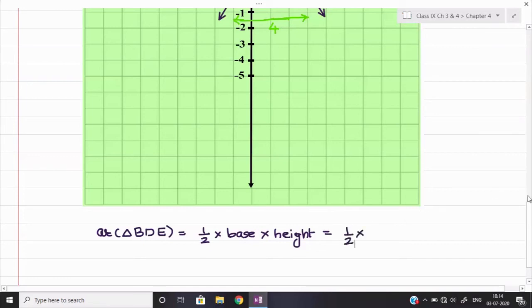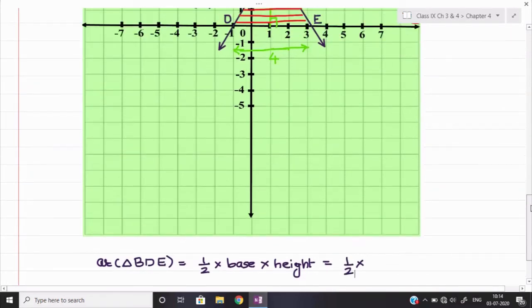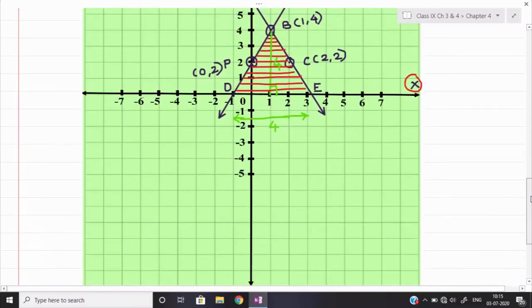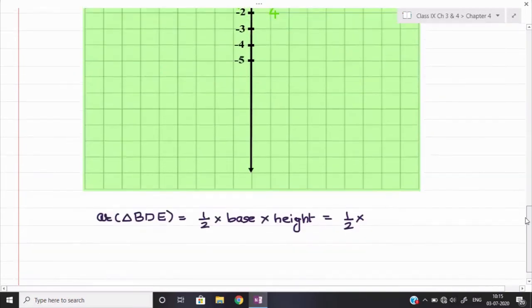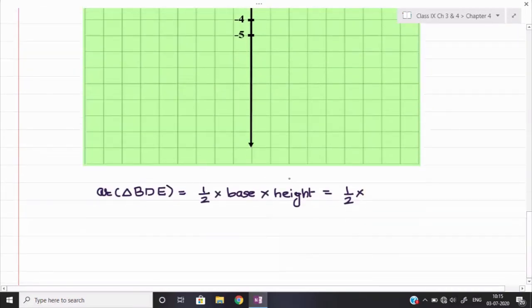Okay, or you can write down the name of the base first if required. Base is DE, and this point we have not given any name, so it is better we give a name to this point, that is M. Okay, so BM is my perpendicular and DE is my base. Okay, so 1 upon 2 into base DE and perpendicular BM.